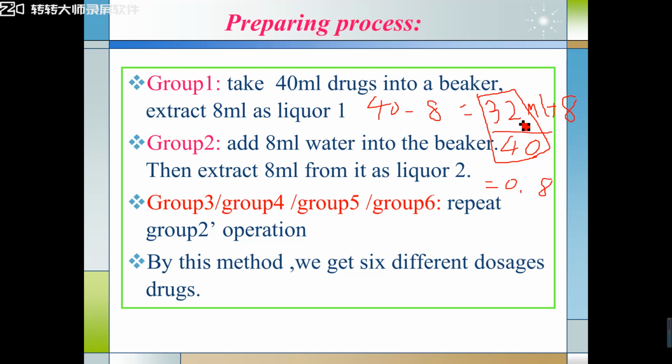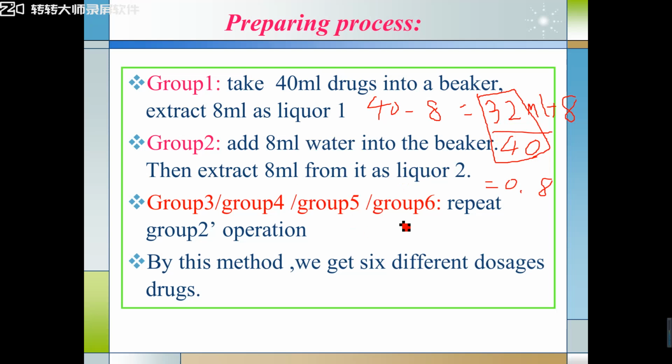So the third group of students also add 8 milliliter of distilled water into the big beaker, and it turns into 40 milliliter. That also means diluting the drugs at the ratio of 0.8. And they extract 8 milliliter of drugs from it as the third liquid, so the drugs turn into 32 again.